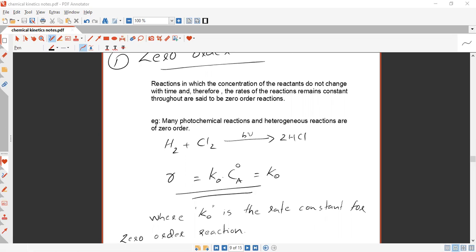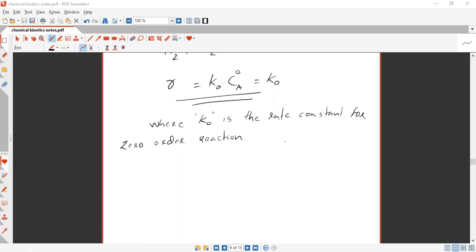The rate is independent of the concentration, or the rate of a zero order reaction is a constant, equal to K0. Many photochemical reactions follow zero order, for example the photochemical reaction of hydrogen and chlorine.